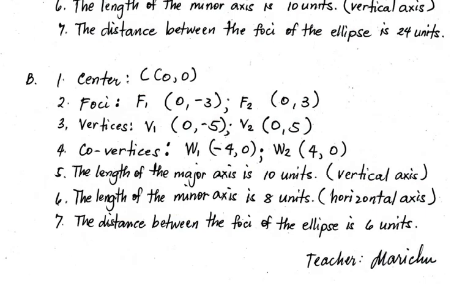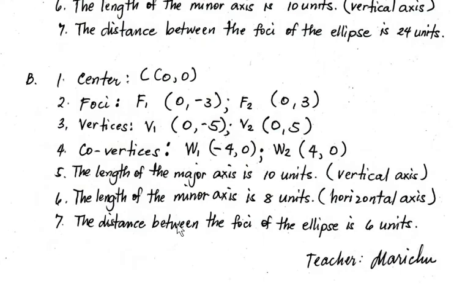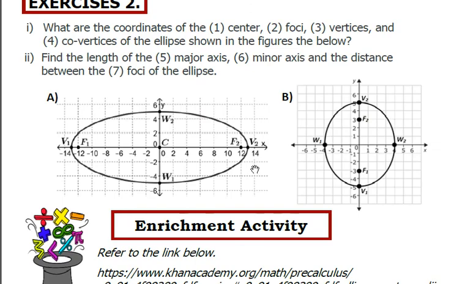Then number 5, what's the length of the major axis? From the center going up to vertex V2, 5. Going down to vertex V1, another 5 units. So a total of 10 units. The major axis is 10 units. For the minor axis, from the center going to the left to co-vertex W sub 1, it is 4 units.